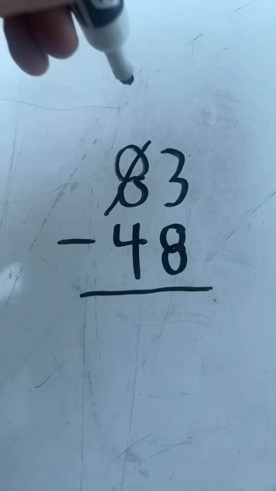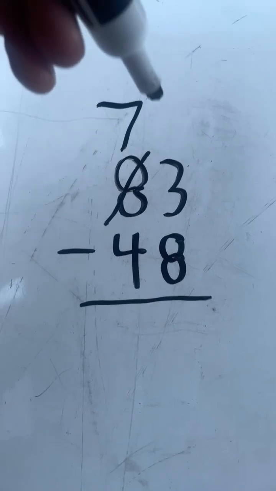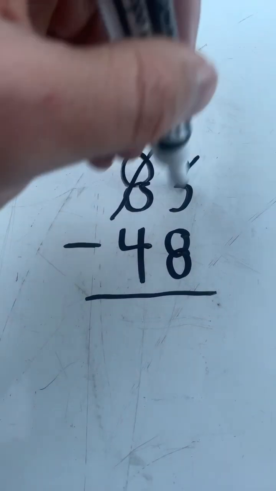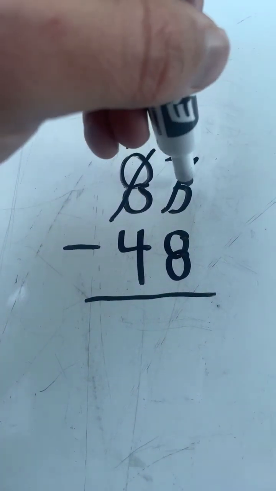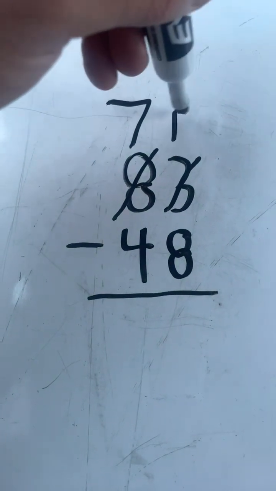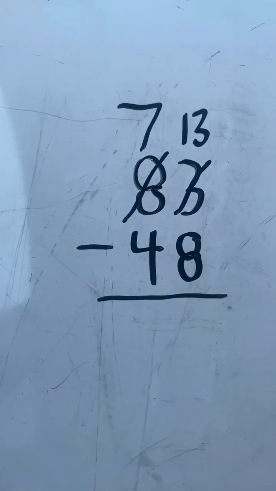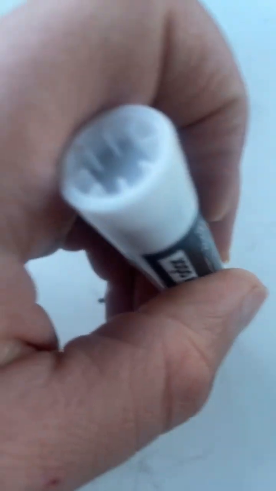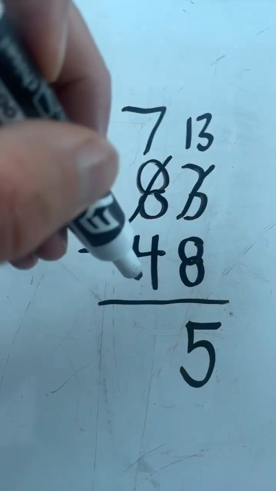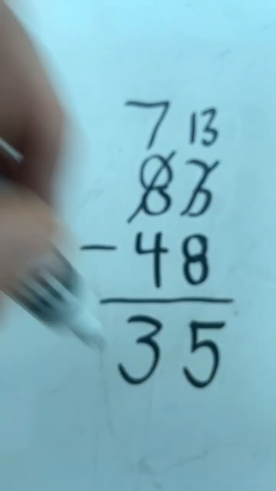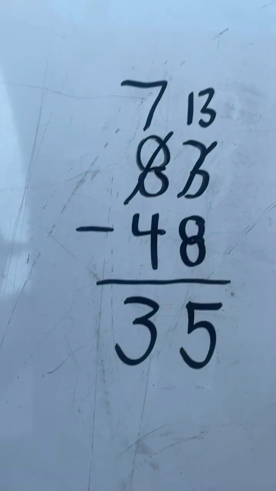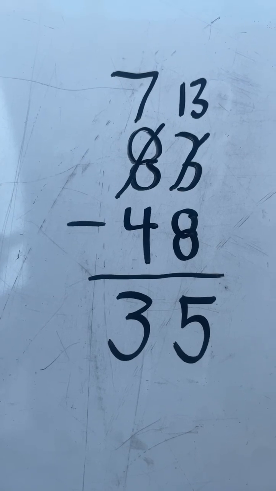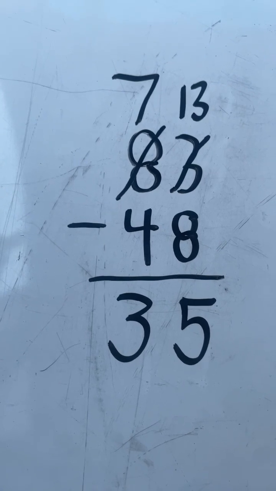So the 8 is going to become a 7, and the 3 is going to become a 13. Basically, you're just crossing out this number, rewriting it with a 1 in front of it. So now, 13 minus 8 equals 5. 7 minus 4 equals 3. And we have our final answer. 83 minus 48 equals 35.